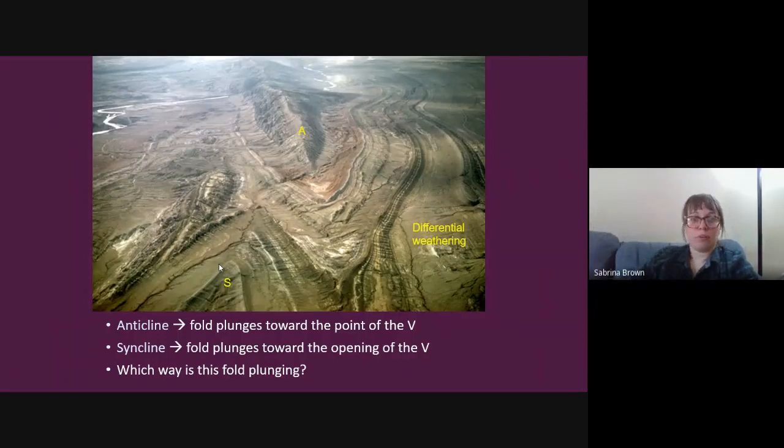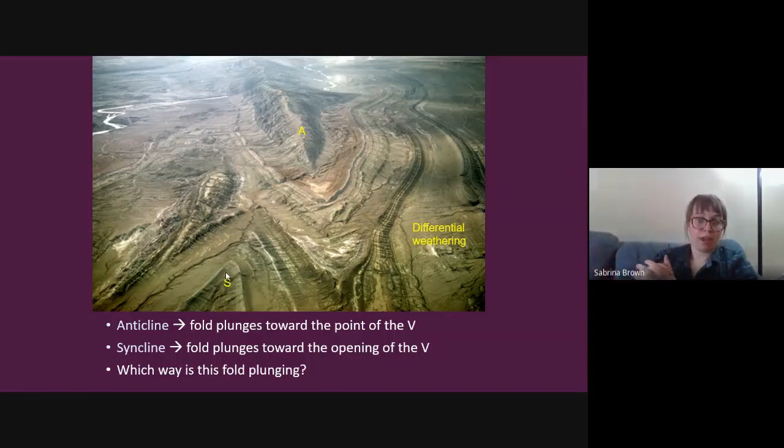All right. So in this picture, again, our anticline is plunging down towards the point of the V. Syncline is plunging towards the opening of the V. So if we use that information, knowing that anticlines plunge towards the point of the V and synclines plunge towards the opening of the V, then we can figure out what way this whole landscape is plunging, right?